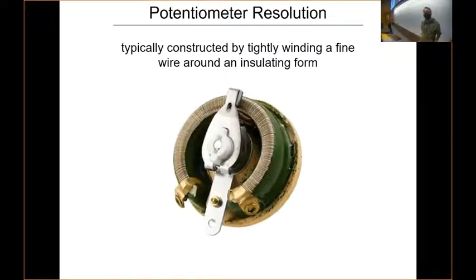Now the part about potentiometer resolution, like why it's hard to get less than 0.05 inches. Most of these are constructed by tightly winding a fine wire around an insulating form. So that's what we see here. We have this insulating form underneath, and then you see these wire wrappings around it. And here's the slider that moves over it.